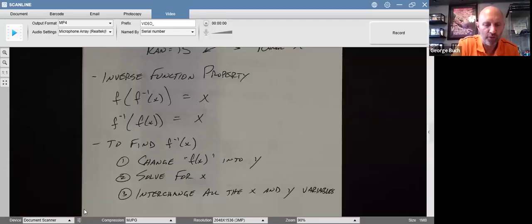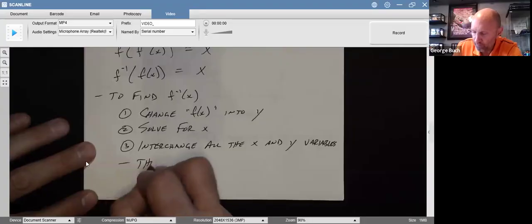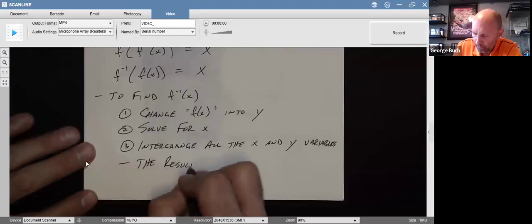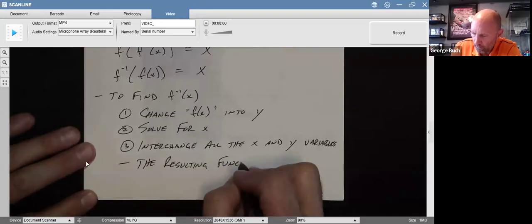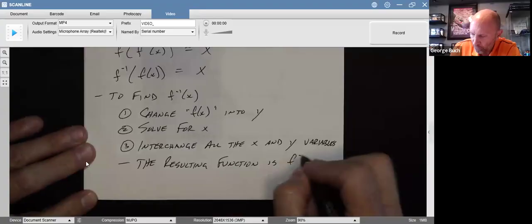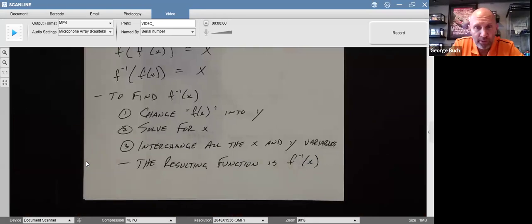Once we've done that, the resulting equation or function is f inverse of x. So when you get done doing this, you should not have y's in your equation anywhere. If you do, it's wrong, because we can't have f inverse of x that has the y variable in it. It can only be x's.